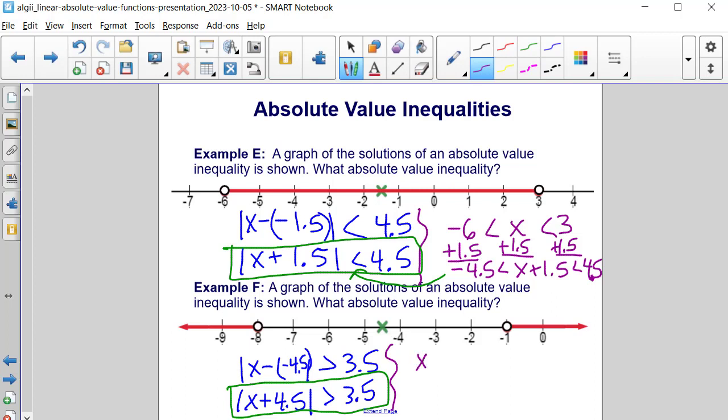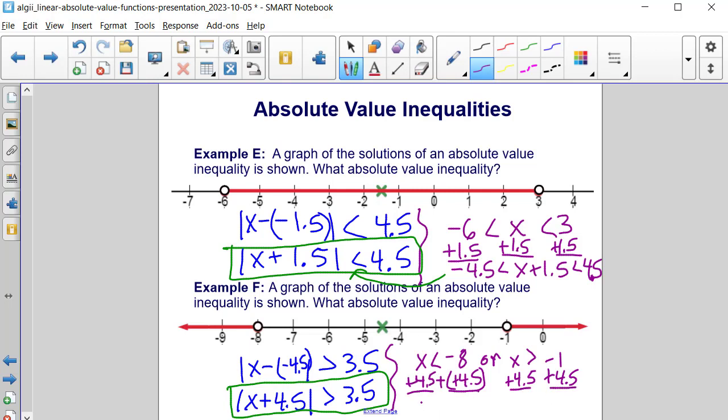So we know that x has to be less than negative 8 or x has to be greater than negative 1. If we subtract our center point from all sides of these two inequalities, and our center point is negative 4.5, so we're subtracting negative 4.5. Wait, that means adding. So we're adding 4.5 to all sides of our inequalities.